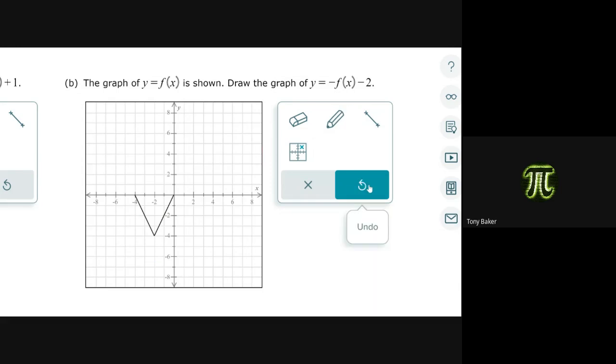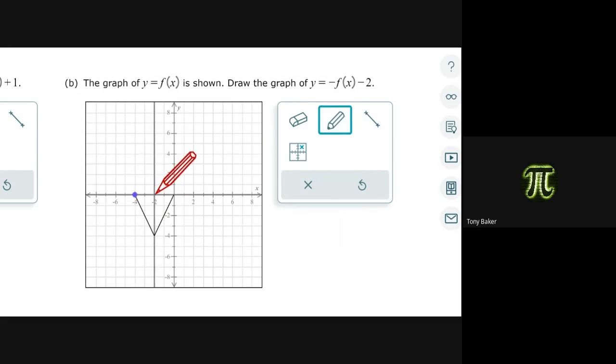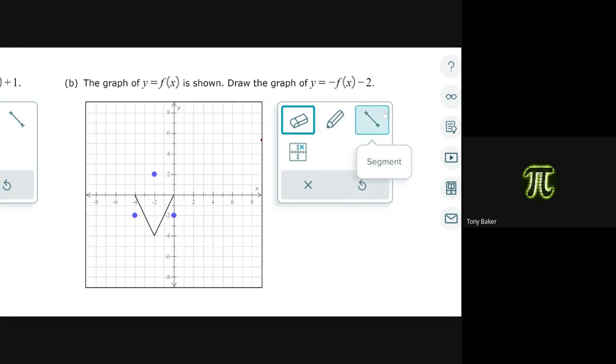I did my order of operations wrong. Multiplication first. So we swap them first. So I multiplied by negative first, so swapped it, and then I'm moving down. So then I'm moving all the points down by 2. Because with the x, order of operations, you literally do them backwards. You do the addition first, then multiplication.